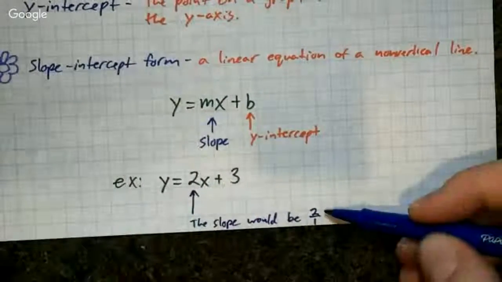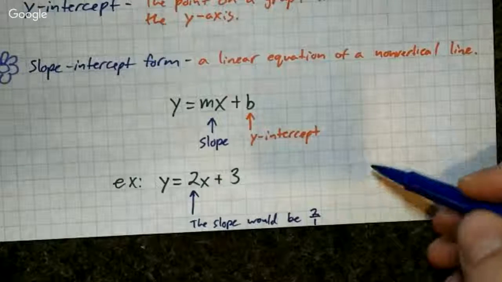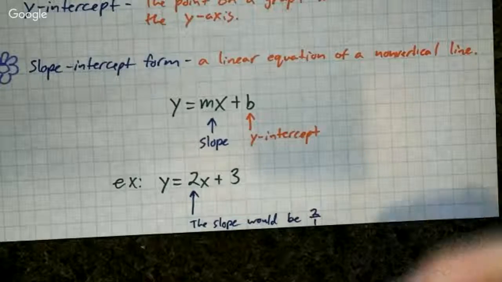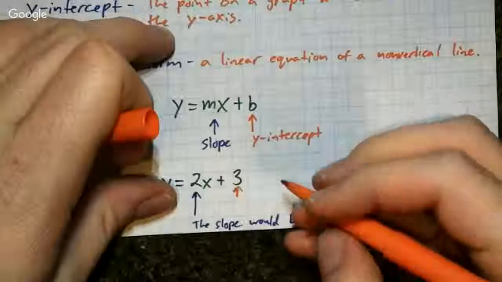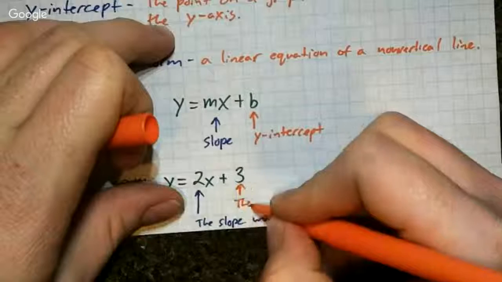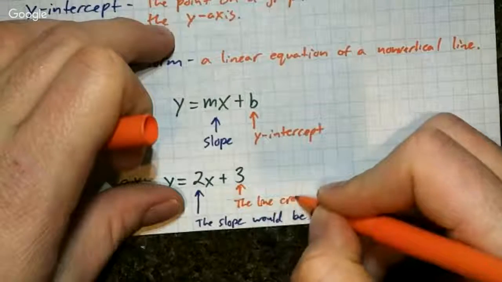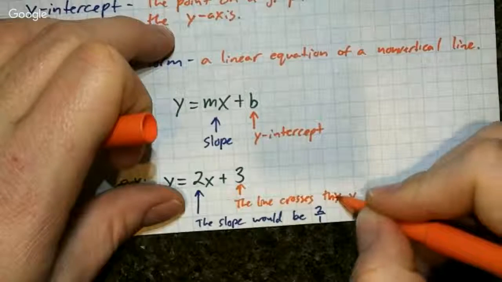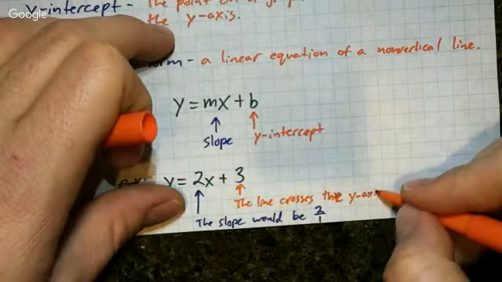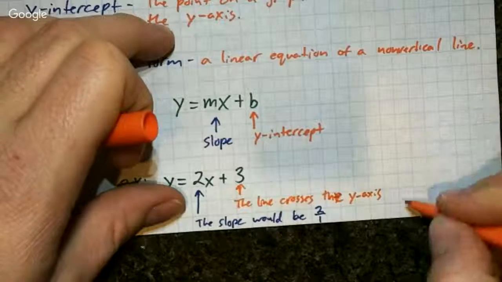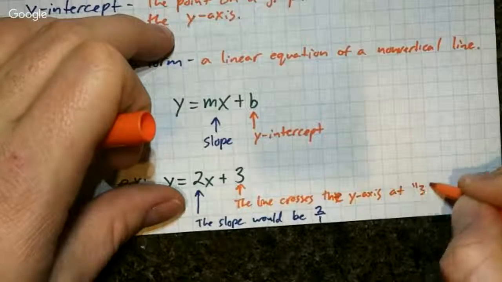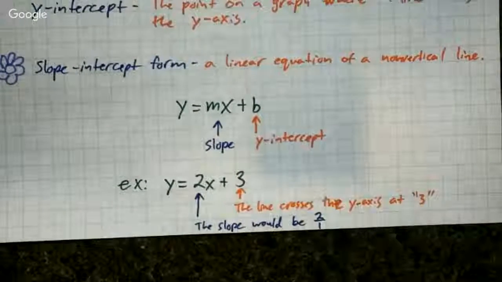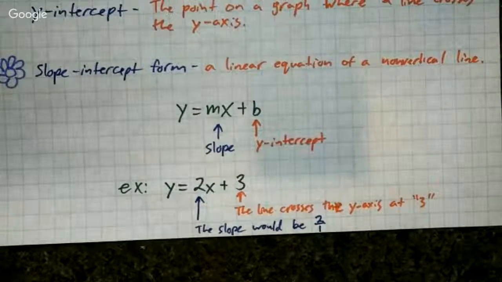That would mean the rise is 2, the run is 1. Up 2 over 1, up 2 over 1. And then right here, this tells us that the line crosses the y-axis at 3.